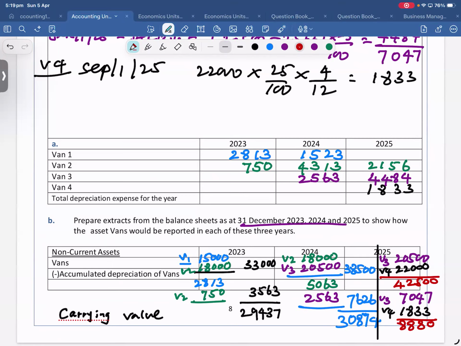Yeah, so you can calculate the carrying value, which is 33,620. Any questions?